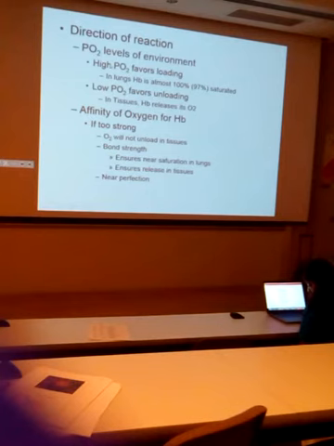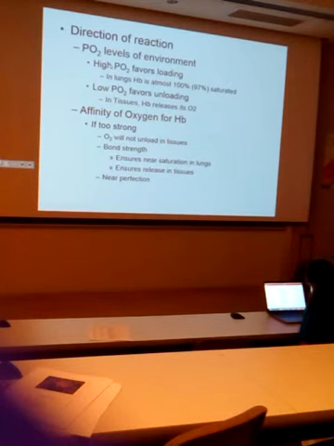But then as hemoglobin gets to the tissue capillaries, in a resting individual, normally the PaO2 there would be about 40 millimeters of mercury. And once hemoglobin found itself there, what would now happen to its affinity for oxygen? It would decrease, and that would mean that hemoglobin would give up that oxygen.